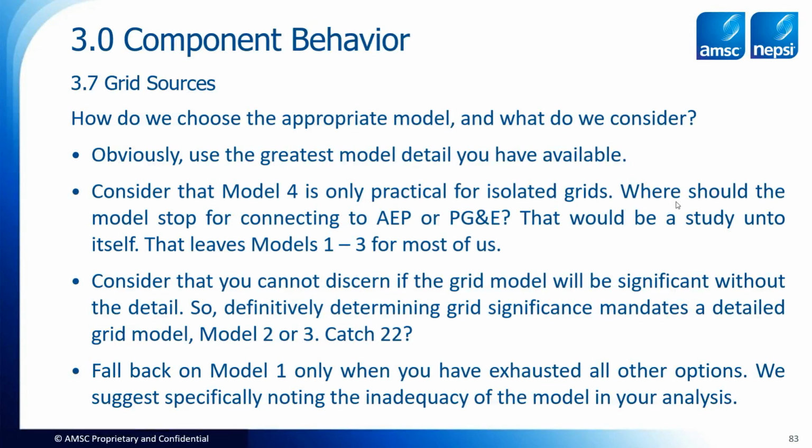Well, the only way you can know is if you have it, because you can't really make that determination. Now you might be able to do some sensitivity analysis, but just trust me, there really is no way to know. You actually have to have the detailed model to then say, oh, yeah, it doesn't matter. I could have done without it, but I'm sorry, that's just one of the difficult things that you're going to run into. It's one of the major catch-22s for the grid.